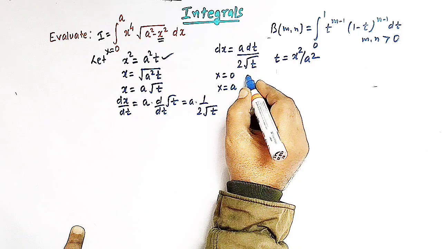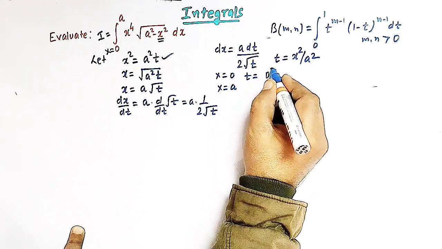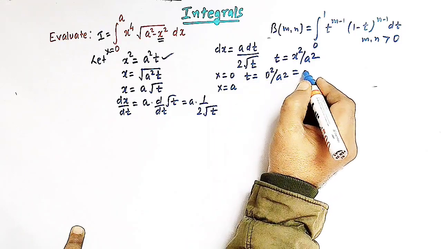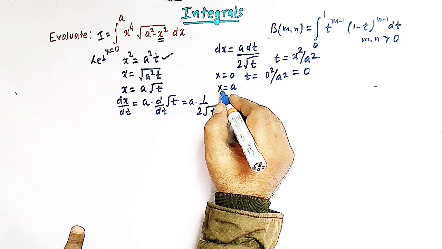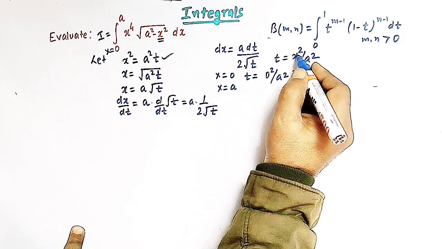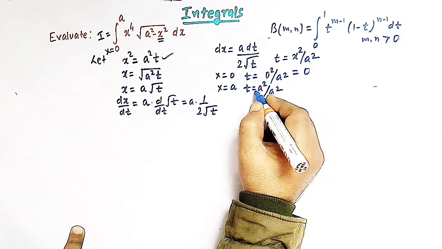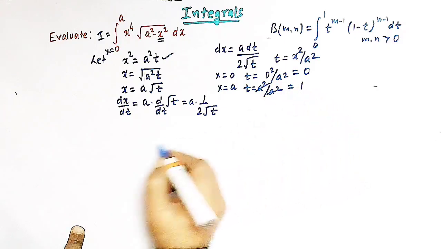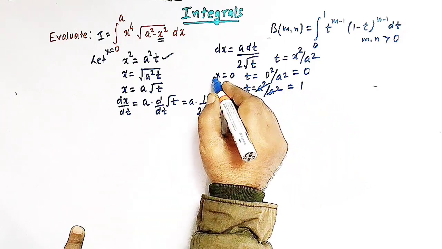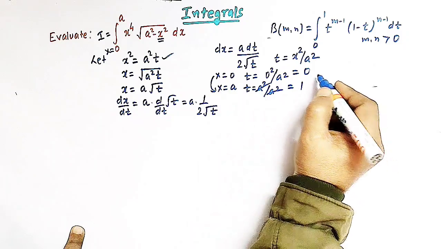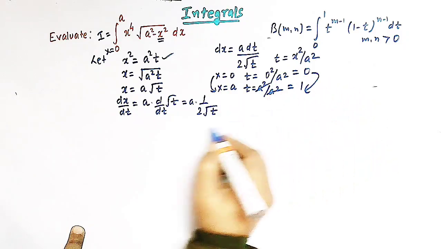So when x is 0, t is 0 square over a square, that is simply 0. And when x is a, then t is a square over a square, and this is equal to 1. So when x varies from 0 to a, then t varies from 0 to 1.